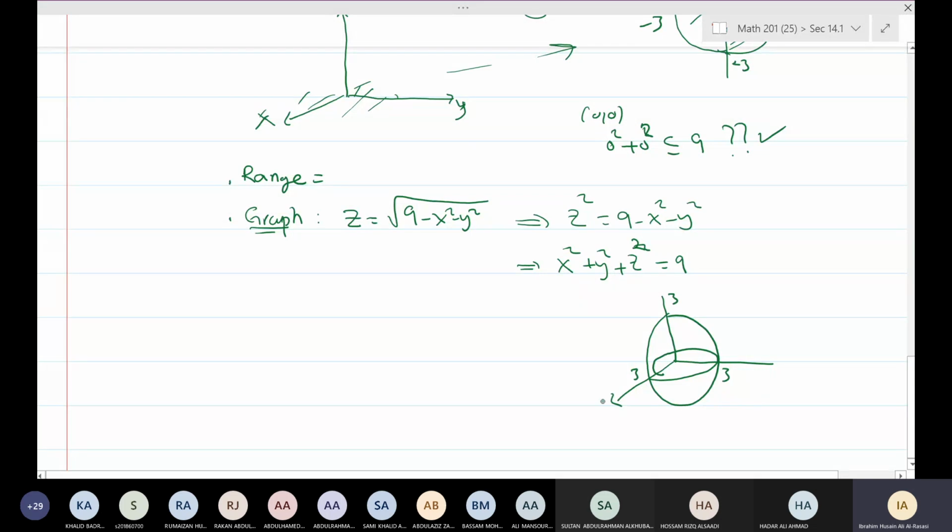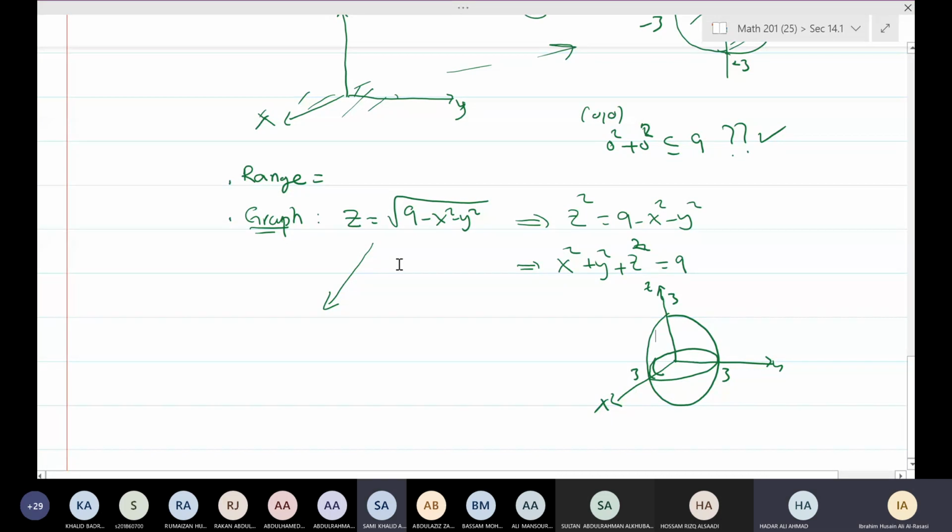Here x and y, and this is z. So this is a full sphere. Now we go back to the original equation. The graph of the original equation, will it be a full sphere or part of a sphere? Part. Which part?